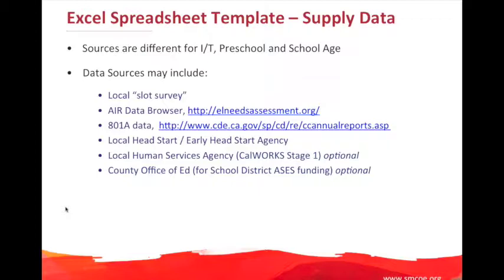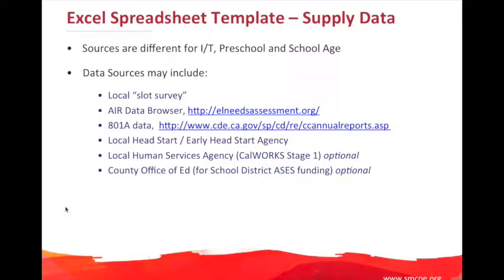Another big source of information is the 801A data that the Department of Ed collects from all the contractors on a monthly basis, and they publish that data once a year. Usually it's October data because they feel like programs are mostly enrolled by then.